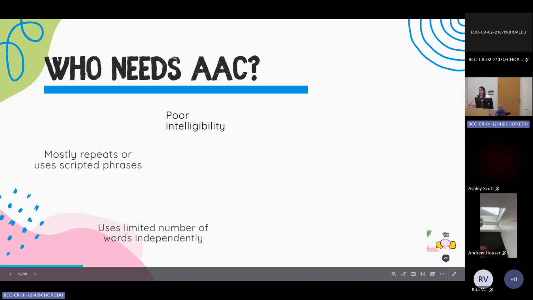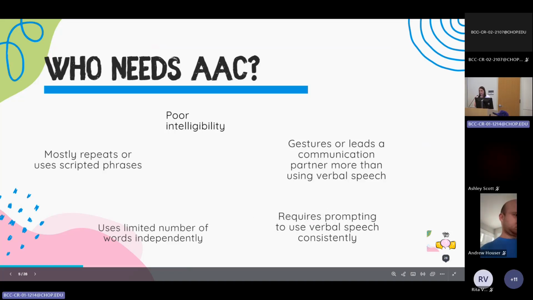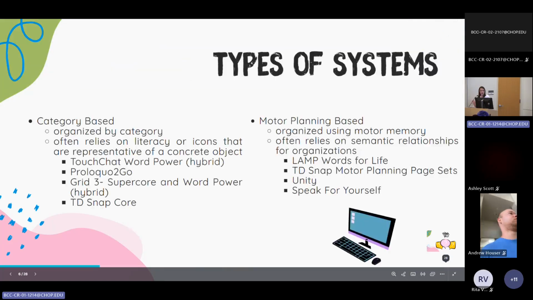If they use a limited number of words independently, that's probably the most obvious reason kids are referred for devices. If they use gestures or lead a communication partner more than using verbal speech, or, like I mentioned, if we're constantly requiring verbal prompts to initiate communication, then that's another reason for AAC.